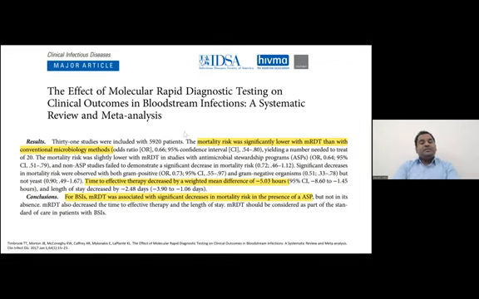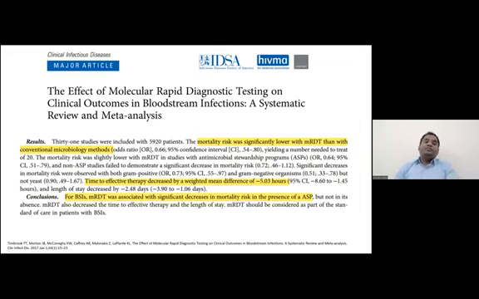Also, use of a rapid diagnostic testing system led to improved time to effective therapy, which was decreased by nearly 5 hours. So I think this difference is important. If you already have a system where you are very effectively using your conventional methods and you are very rapidly changing your treatment decisions based on your microbiology, this system can actually improve your efficacy and improve your antibiotic usage.